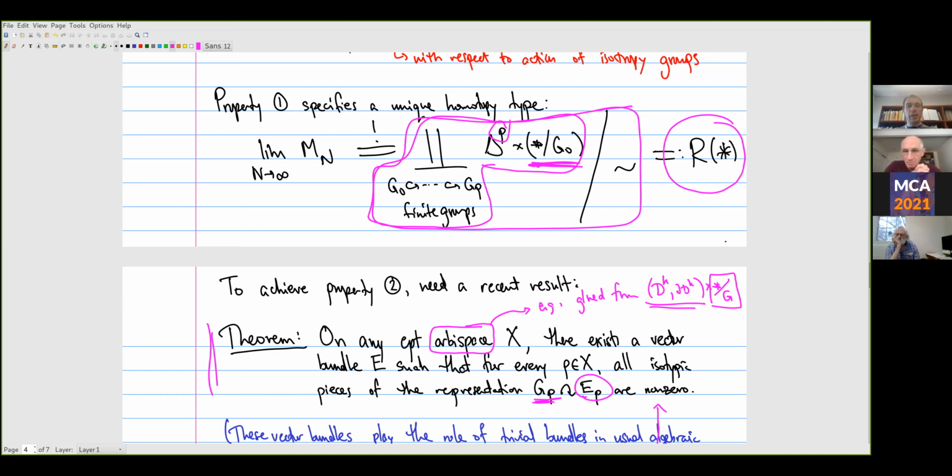On the other hand, you don't really need the full force of this result to say that. You can take orbifold bordism, bordism of orbifolds. Every orbifold has a homotopically unique representable map to this, but you could also consider orbifolds with a representable map to whatever complex you want.